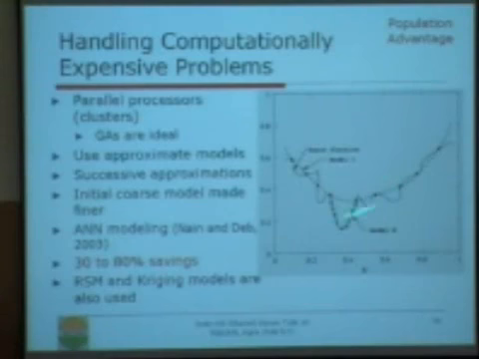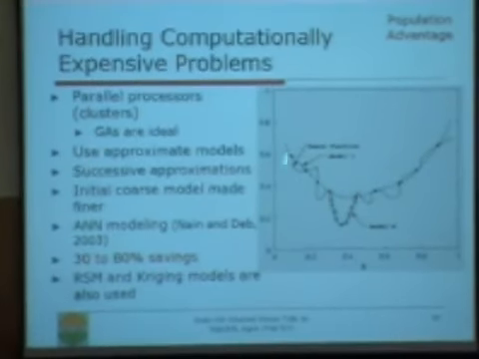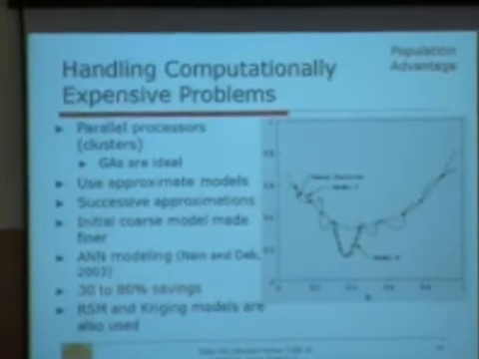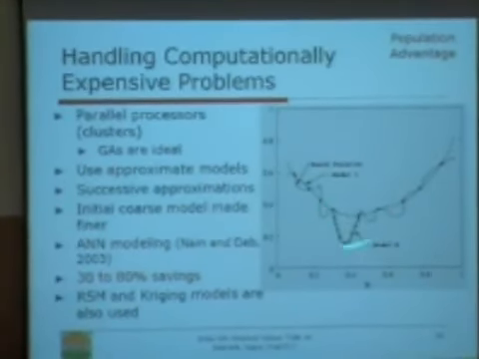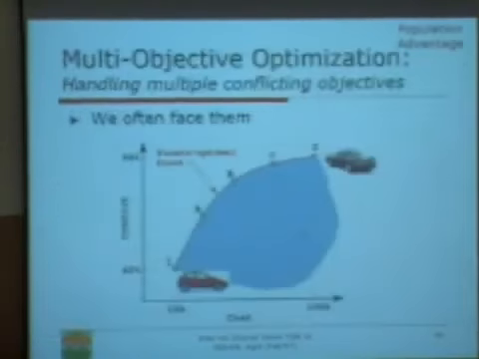You run it for a while. You take that now, you forget your original model, use that meta model and get to the good regions of the search space, and then you change your model. You remodel it. So this successive modeling seems to be a way to go. And in this particular case, we use neural network to model. And we could do about 30 to 80% savings in quite a few problems.